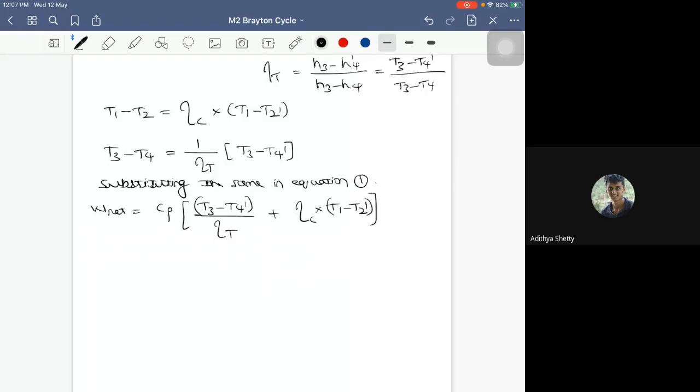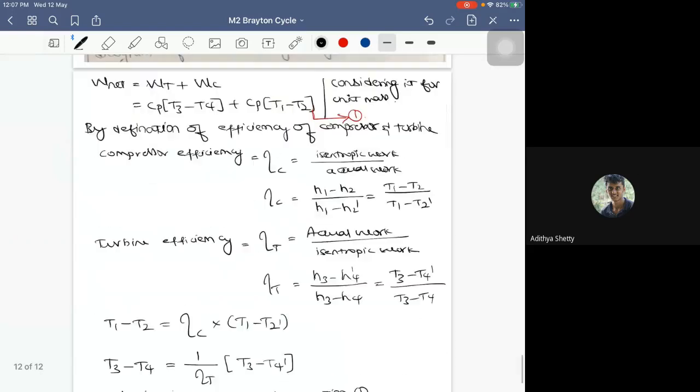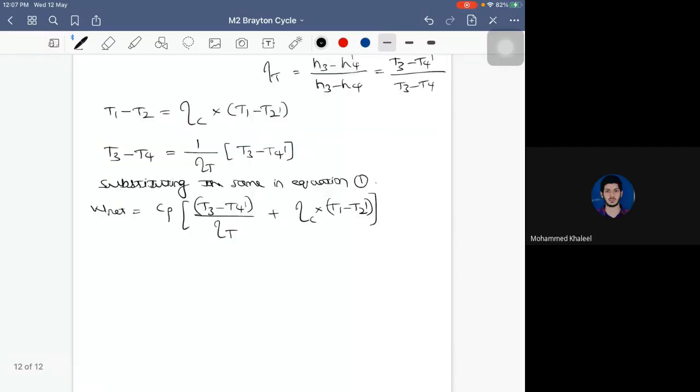Right? Is the substitution correct? Yes, sir. Now, Cp into T3 minus of T4 dash divided by efficiency of the turbine. This one has a minus, so taking minus, I would write it as T2 dash minus of T1.